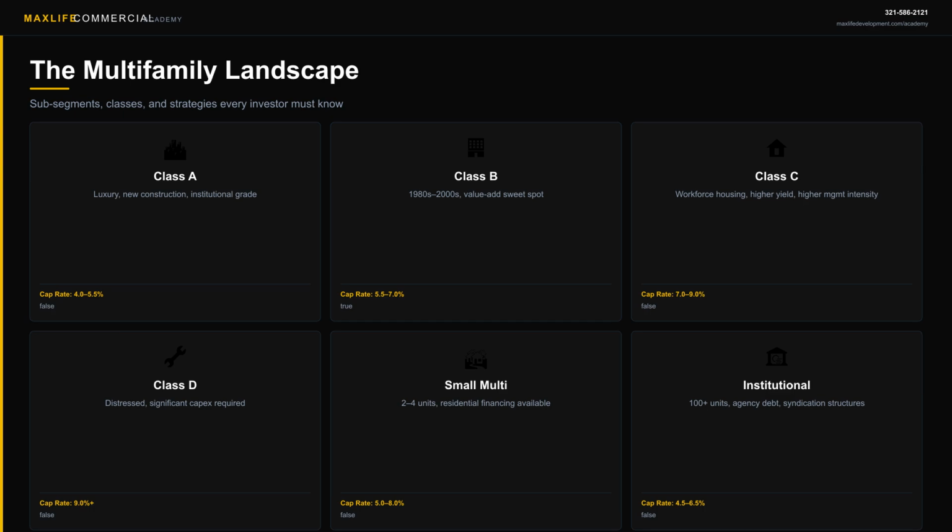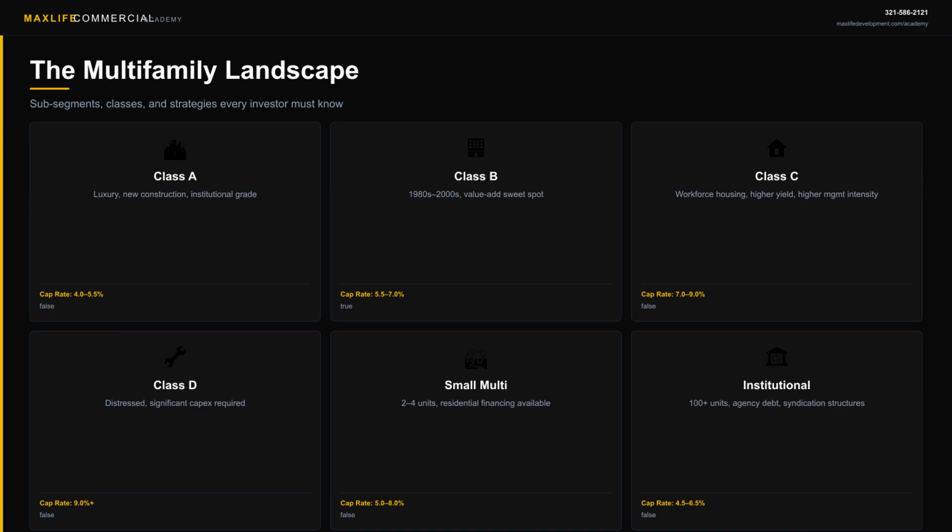Small multifamily, 2 to 4 units, can still be financed with residential loans, making them highly accessible for new investors. On the other end, institutional assets at 100 units and above open the door to agency debt, syndication, and professional property management structures. Knowing which segment fits your capital, your risk tolerance, and your operational capacity is how you build a durable multifamily portfolio.